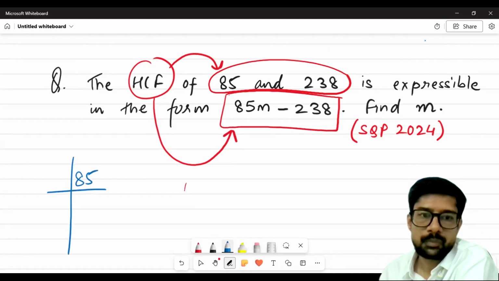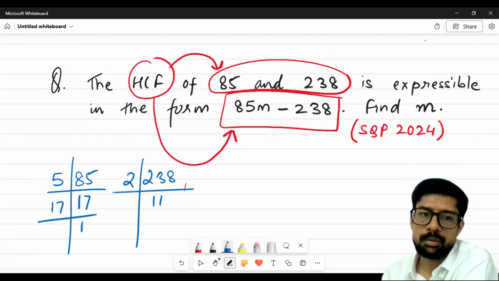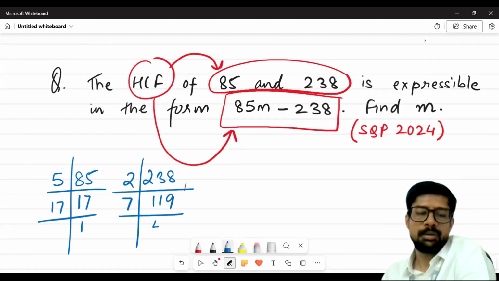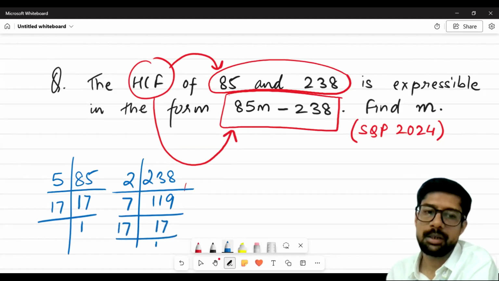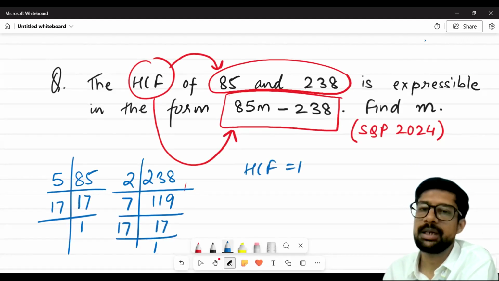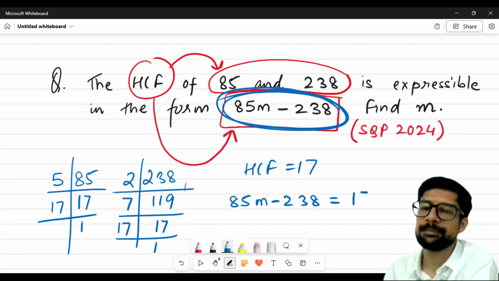85 और 238 इनका HCF निकाला जाएगा. 85 में शुरू किया हमने 5 17 खत्म. यहां शुरू किया अपन ने 2 119, that is going by 17. How many times? 17 times, right? So we got 17 here also. So we got HCF as 17. And the question itself says कि ये HCF इस फॉर्म में लिखा है. तो we'll equate it. 85m minus 238 is equal to 17.